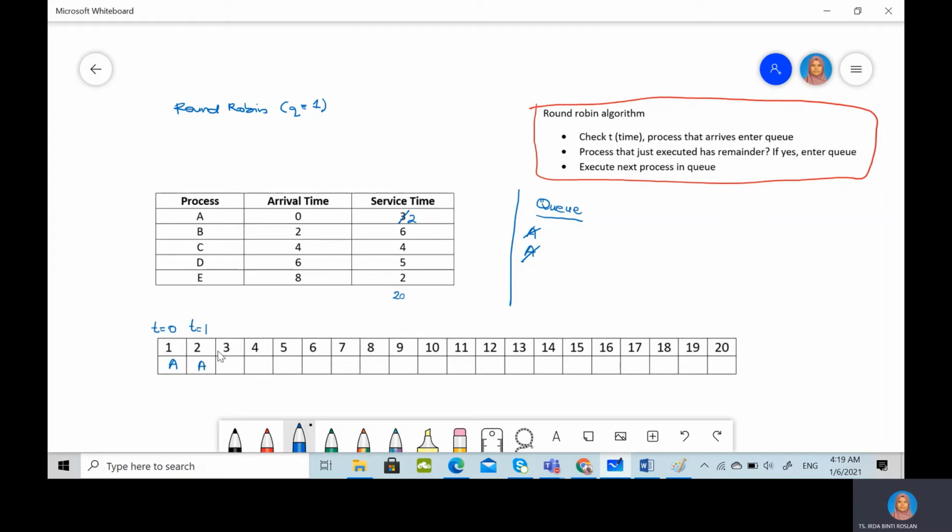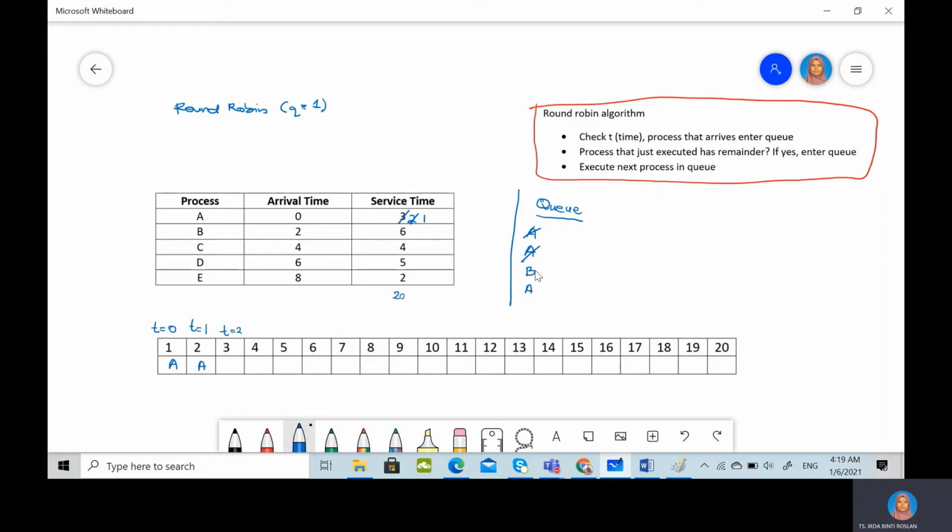Next, t equals 2. At t equals 2, does any process arrive? B has arrived, so B enters the queue. The process executed just now, does it have any remainder? Yes, another one, so put it in the queue.